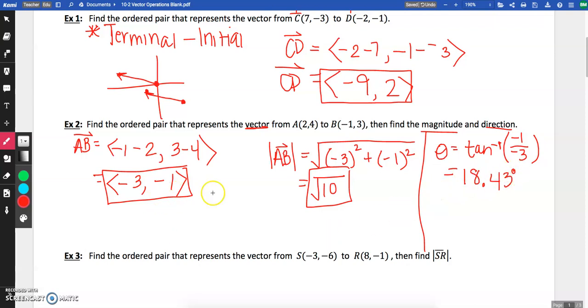Now let's think about where this vector would be. -1, -3 put us somewhere down here. That's my vector. So this degree measure, let's put it back to our cardinal direction, because 18 degrees would be somewhere in quadrant 1. So for our cardinal direction, this is west, south, so we're 18 degrees south of west.